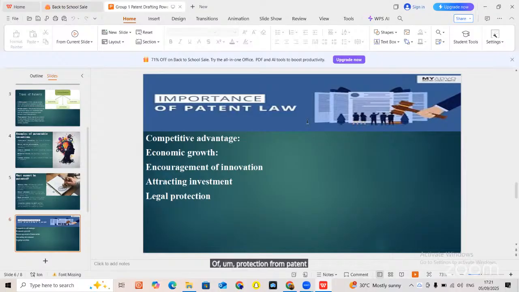Economic growth: societies and governments that encourage their inventors and innovators to apply for patents build up and improve the economy. Now, encouragement of innovation encourages people to build more, because once you have legal protection of your work, you are encouraged to innovate, and it attracts investors and legal protection.